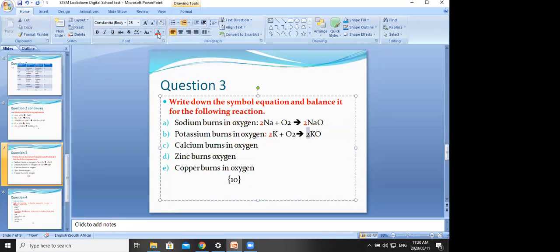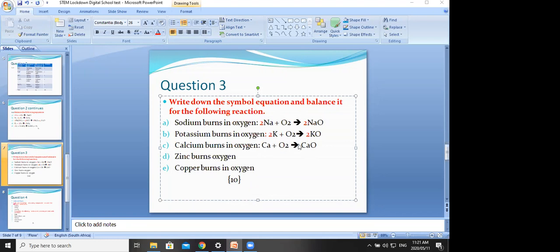And then calcium burns in oxygen as well. Symbol for calcium? Ca. Reacting with oxygen to give us CaO. And then we say it is not balanced.